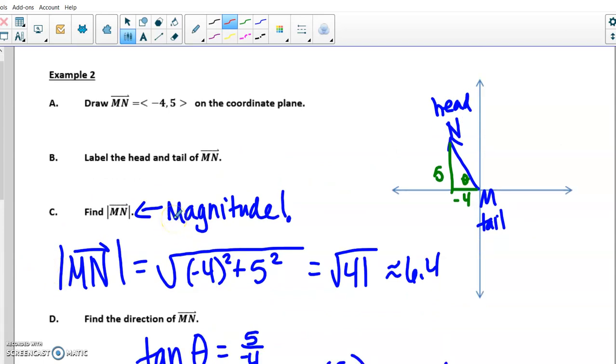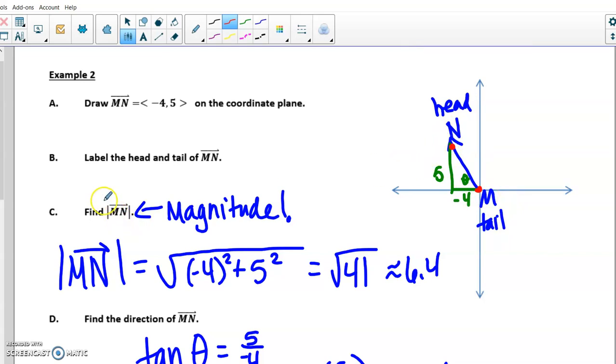It says to draw vector MN, whose horizontal component is -4, vertical component is 5. So I know that the head of this vector is at -4, 5, and the tail is always at the origin. So there's my vector, the tail's at the origin, the head's up here at -4, 5.